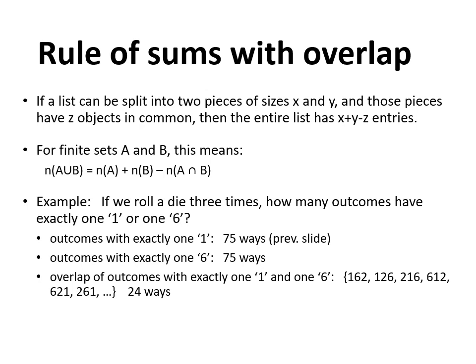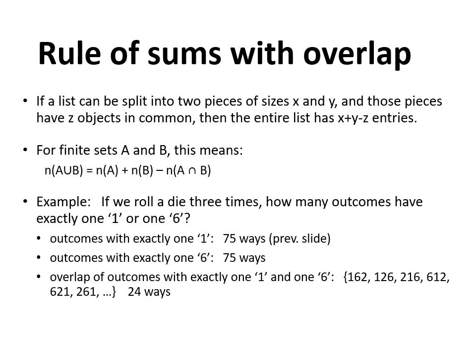And there are 75 different ways that such an outcome can appear. Then we count outcomes with exactly 1, 6. Again, there are 75 ways that such an outcome can appear. And now, of course, there is an overlap of outcomes with exactly 1, 1 and 1, 6.